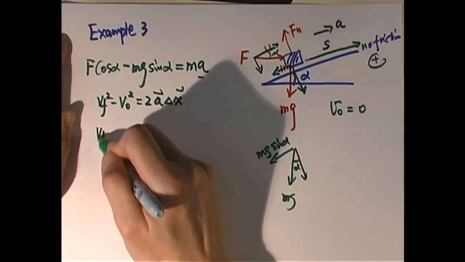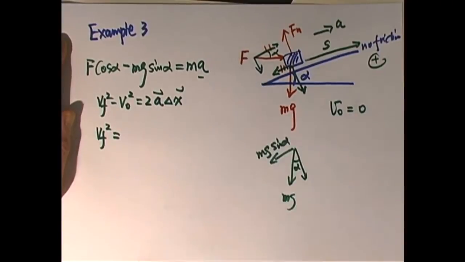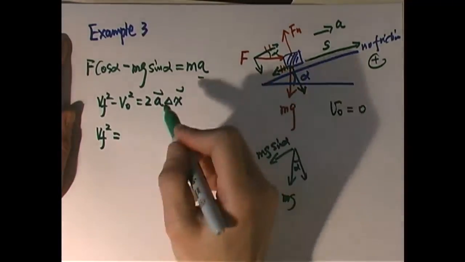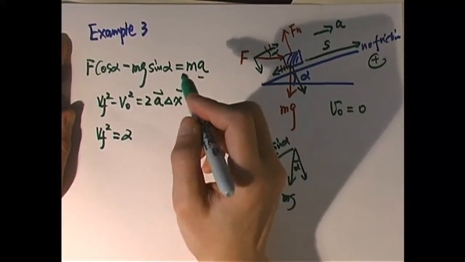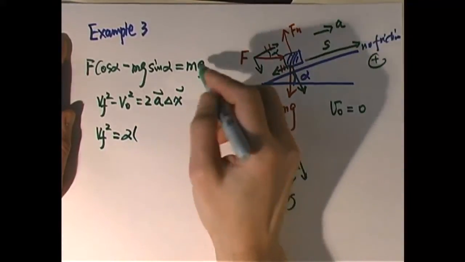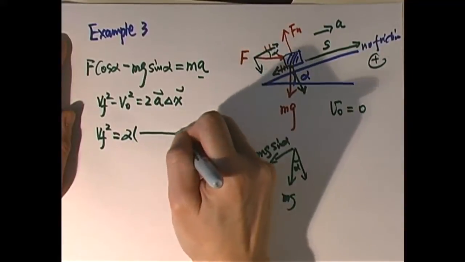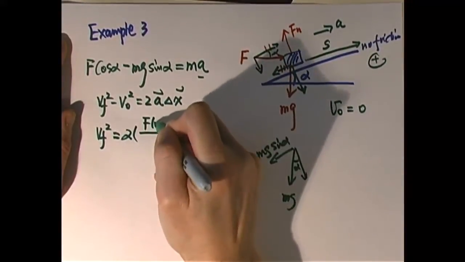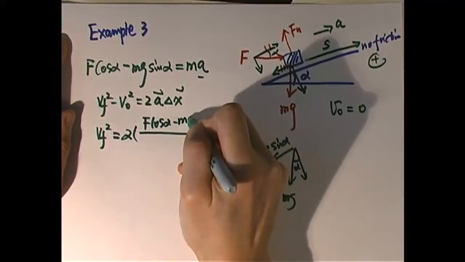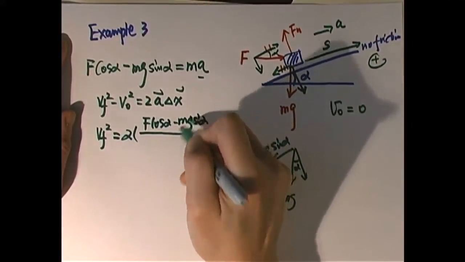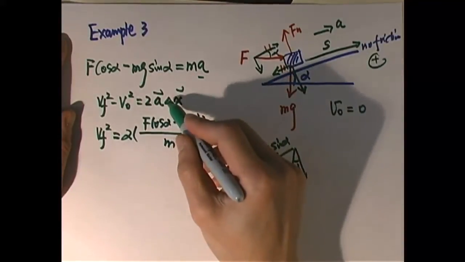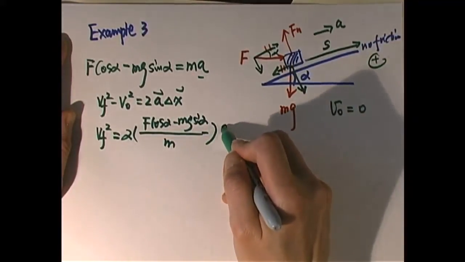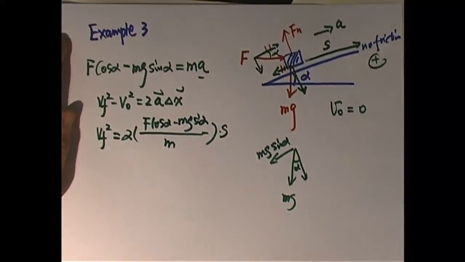So v final after it travels a displacement s equals 2a s. What's a? We can get a from here: a equals (F cosine alpha minus mg sine alpha) divided by mass m, that gives us the acceleration, and delta x is s. That is the final velocity square.